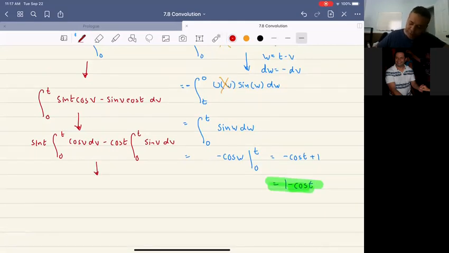Sine t times the integral of cosine, which is just sine. Minus cosine t times the integral of sine, which is negative cosine.